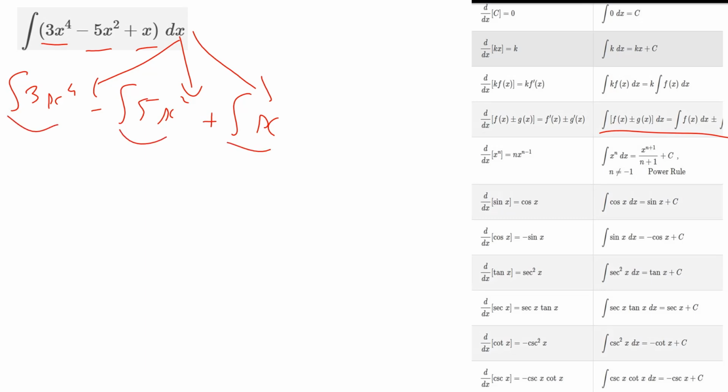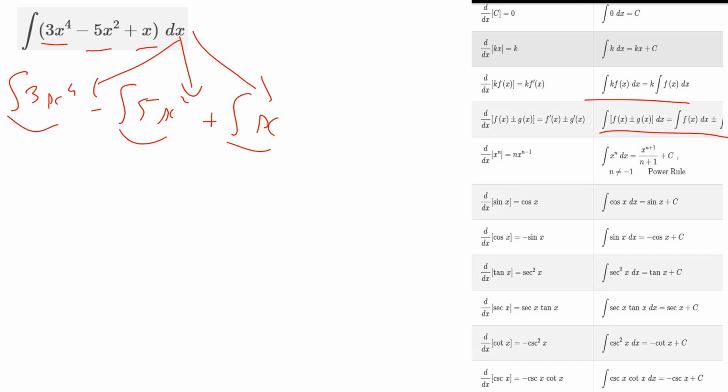What we have here is the integral of k, 3 times x to the fourth. 3 is just a constant, and then x to the fourth is a function. So I go here, and then I find that the integral of k times f of x is just k times the integral of f of x.